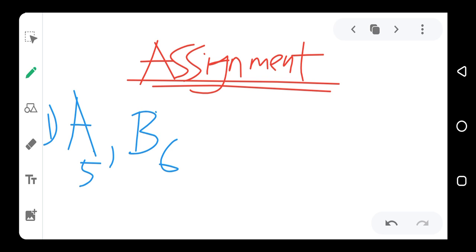Number 2, determine the chemical formula when these atoms combine.